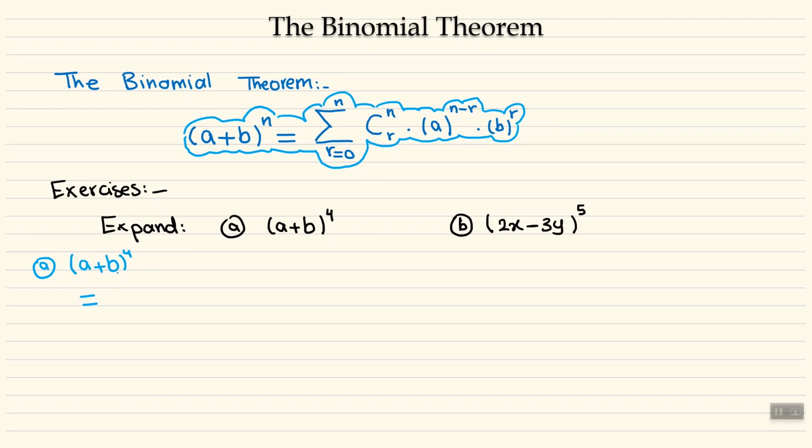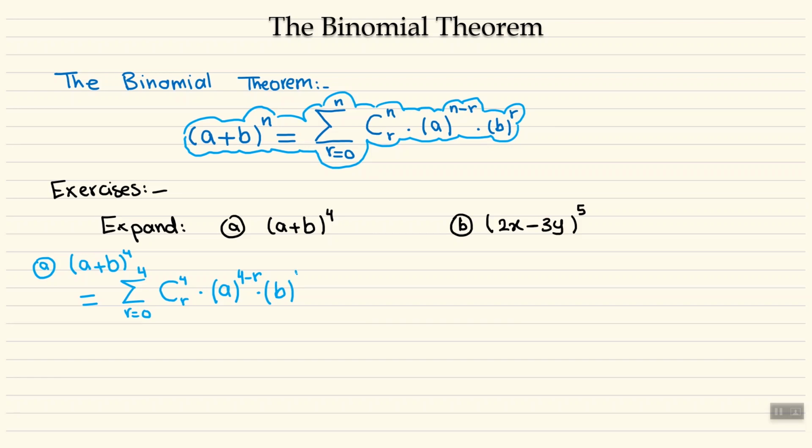If we write it here, it's going to be the summation r equals 0 up to n. n in our case is 4. Then combination 4 and r, times a to the power of 4 minus r times b to the power of r.